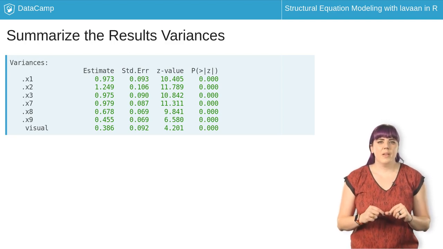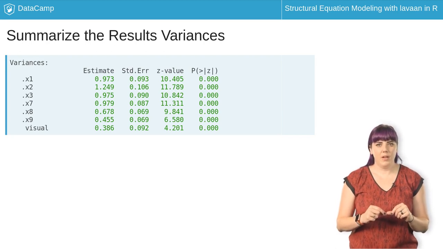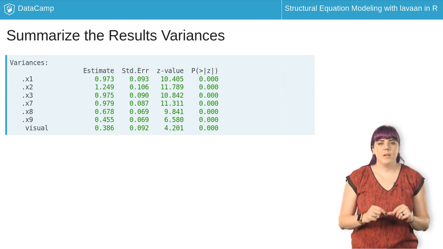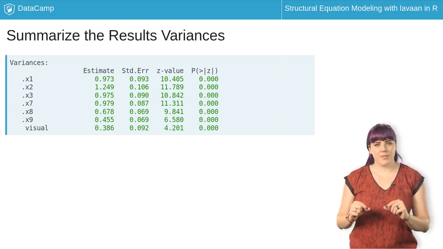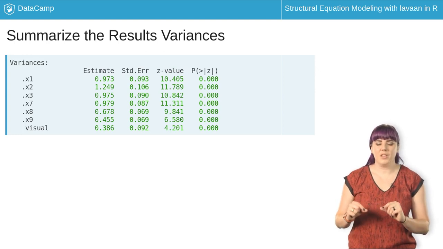For every estimated value, coefficient, or variance, you will see a standard error of that estimate. These values tell you how much variability there is for the modeled score, and smaller numbers are better. Try not to confuse error variances for the manifest variables with the standard error for each estimate.